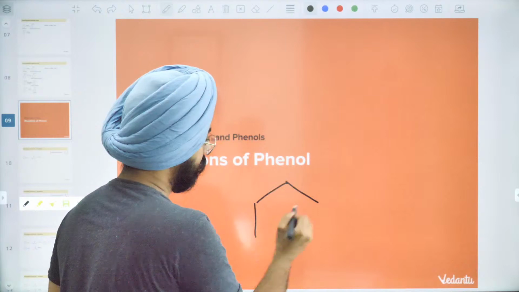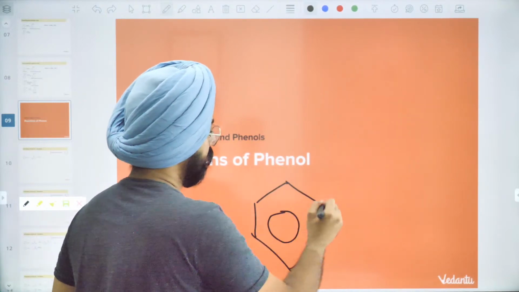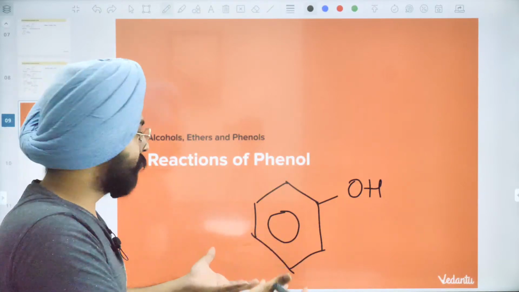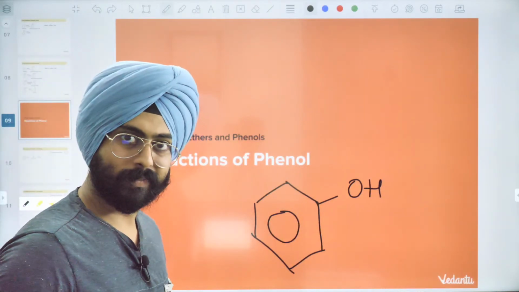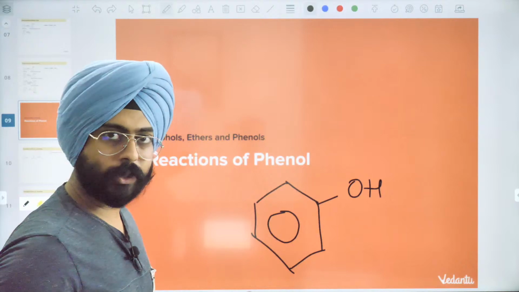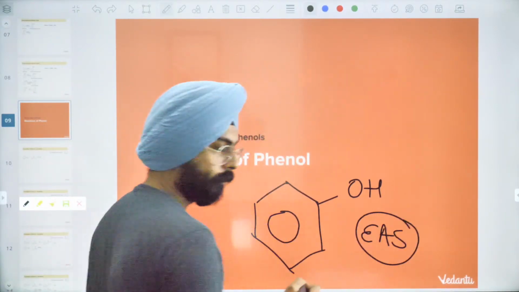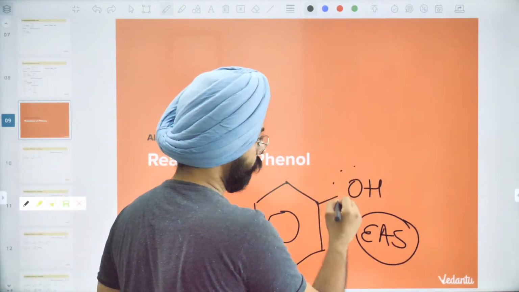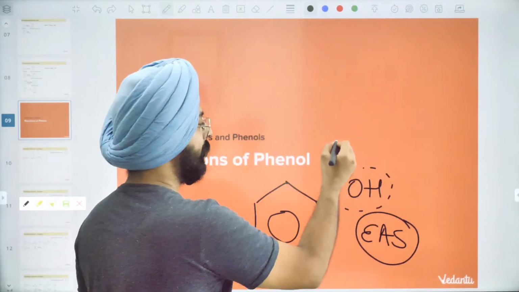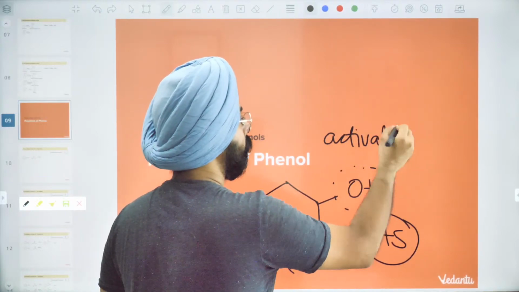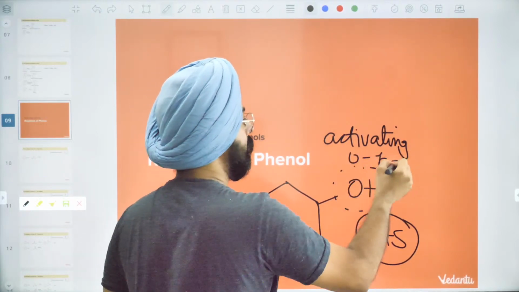There is a benzene ring, there is an OH group next to it, so it undergoes all the typical reactions that a benzene can undergo. You could do loads of reactions with this which belong to the electrophilic aromatic substitution nature, because phenol for electrophilic aromatic substitution is an activating ortho para directing group.